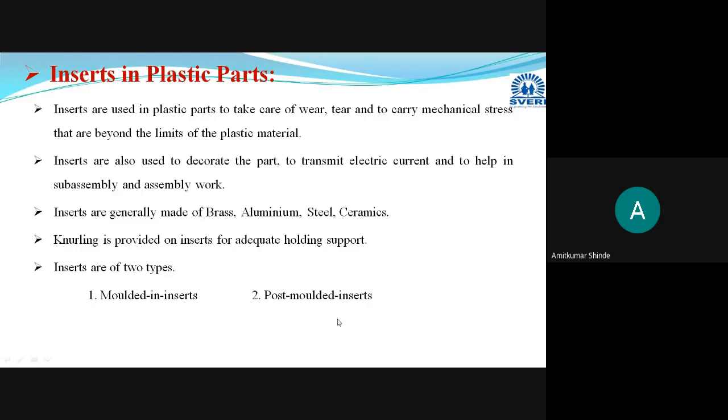The insert installed after the mold closes, or after completion of the molding process, is termed a post-molded insert. Molded-in and post-molded inserts are the two types.